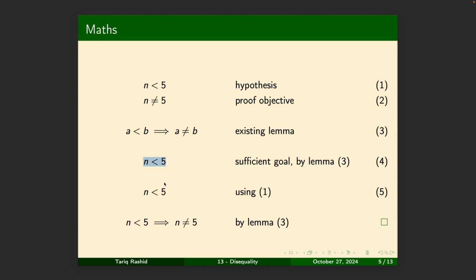And how do we know that's true? Well, we're given it as a hypothesis, and therefore the right-hand side is true. So n is less than 5 implies n does not equal 5 by the lemma. Phew, that was a lot of words, but as I say, it's mental training, getting us to think in a way that will help us write lean proofs.